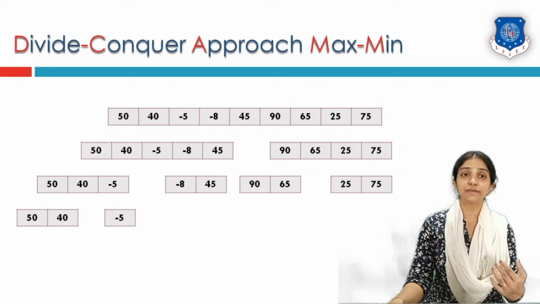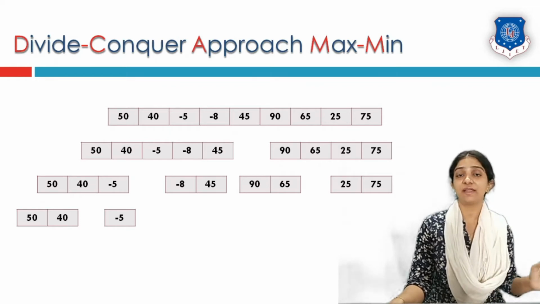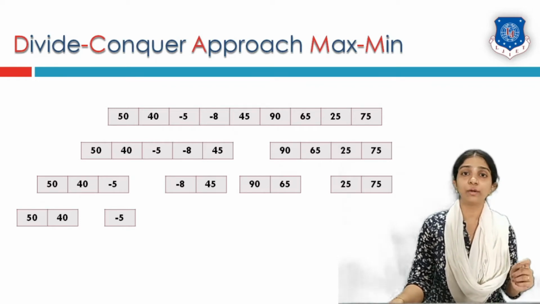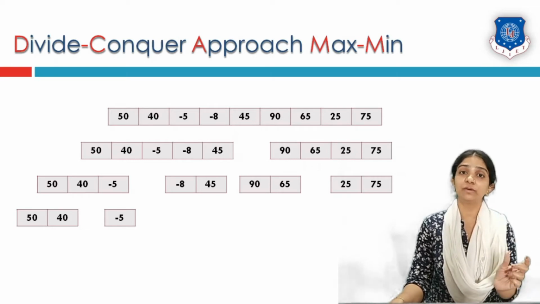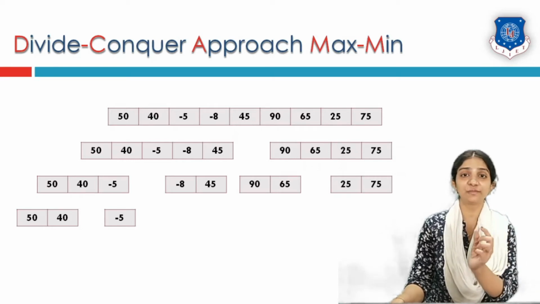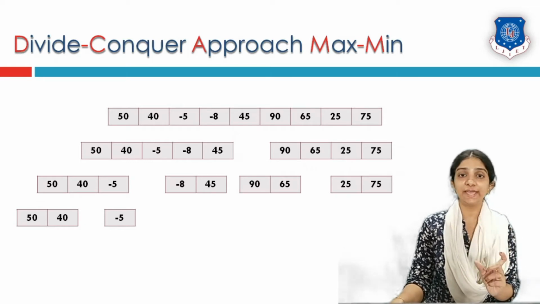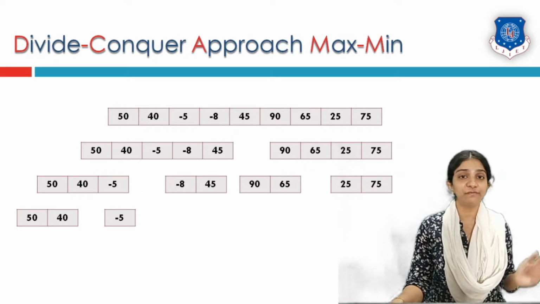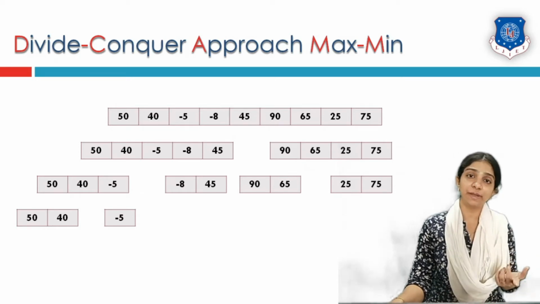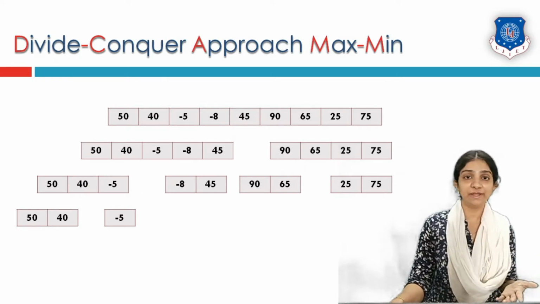Now if you observe carefully, each leaf has minimum one or two elements in it. So we will start solving our subproblems, which are very small. We will take the very first list, which is containing 50 and 40. We will make one comparison to find out which element is max and which is min.